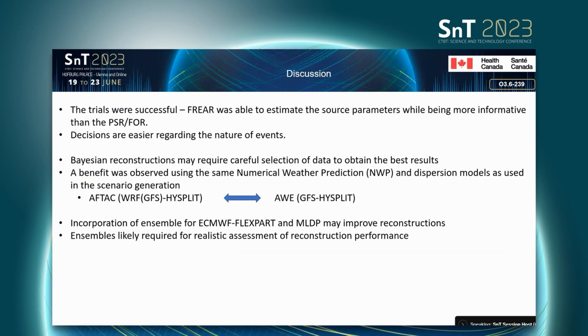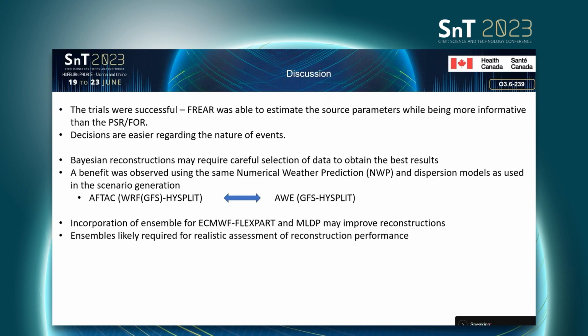And we did observe with the AWE reconstructions, qualitatively, that because they were using a similar weather prediction and dispersion model as the synthetic source scenario that was generated by AFTAC, they seemed to get a better result at the end.